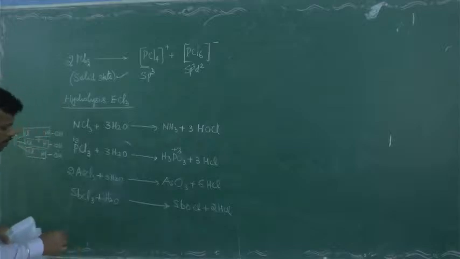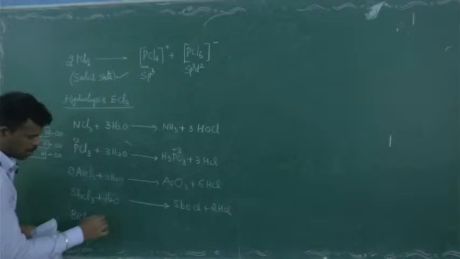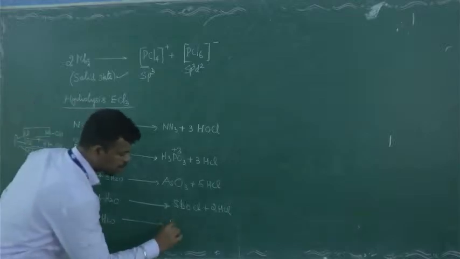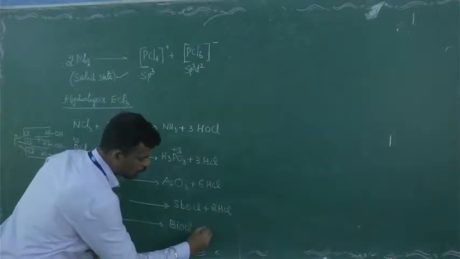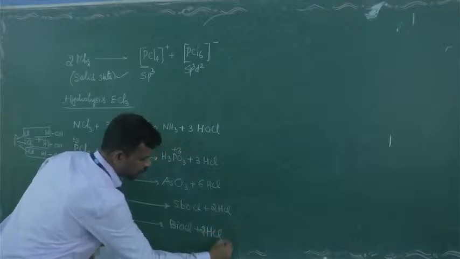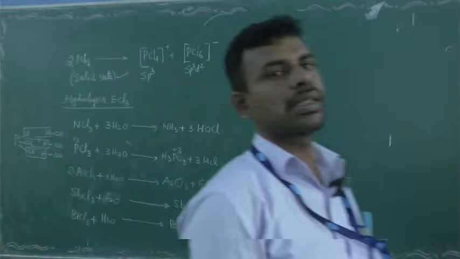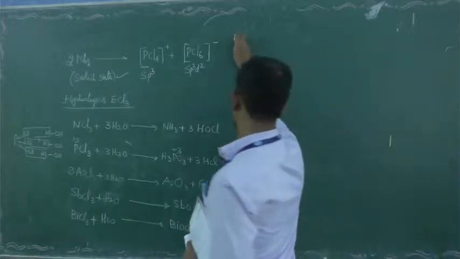The last one is bismuth trichloride with H2O, which gives BiOCl plus 2HCl. Please note this is the hydrolysis, which means reaction with water. Is it clear?